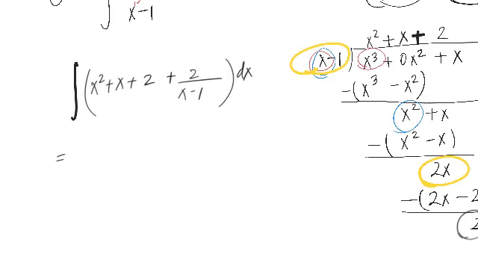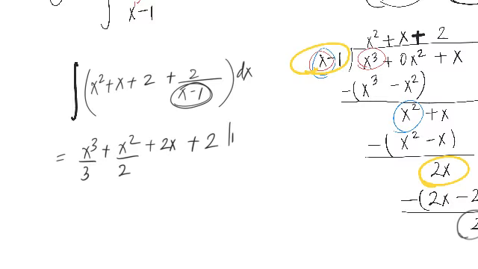Okay, and now you see how it's broken down into a much easier integral. In this case, I don't even need to do a u substitution because it's a special case of a u substitution where the inside function would have a slope of 1, and so I can just write my answer, which would be right here.